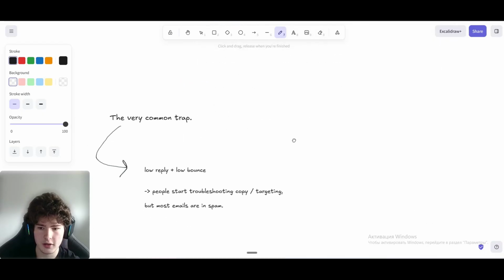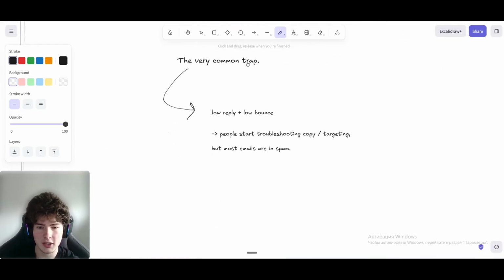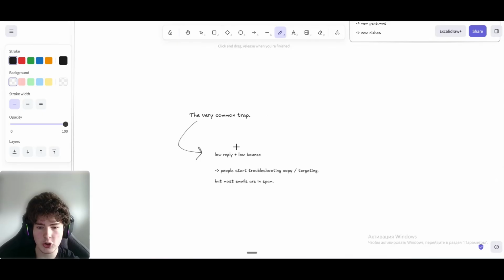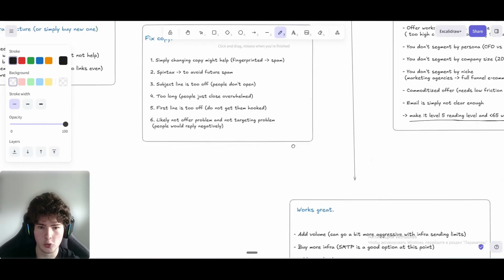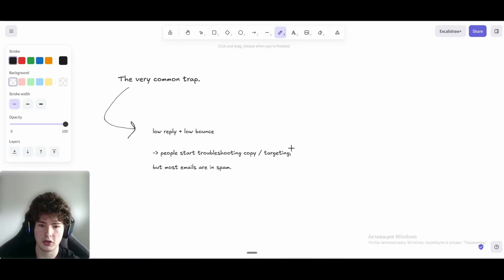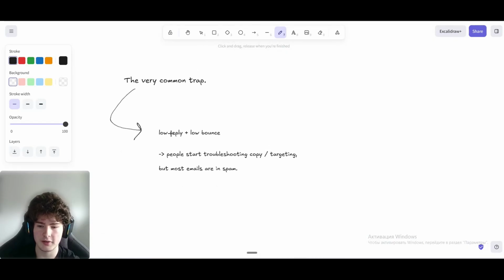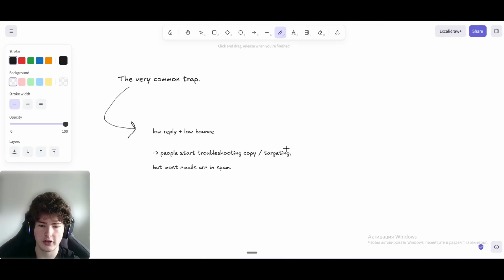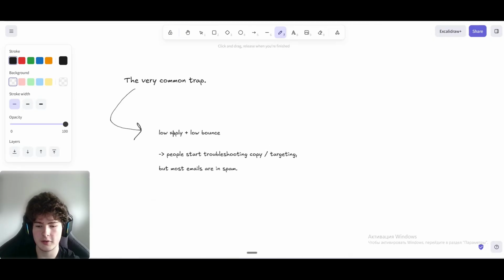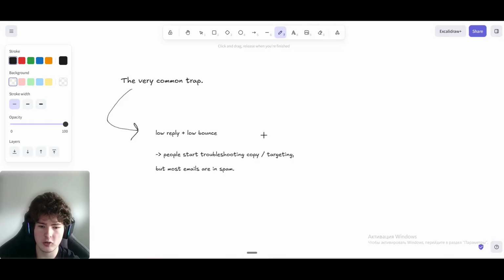And also a very common trap that I want to mention is when you have a low human reply rate and low bounces. Most people fundamentally think that it's either a copy issue or a targeting issue, right? Because if there's a low reply rate and low bounces, it means emails don't bounce back, so it's either bad copy, that's why people don't reply, or we are messaging the wrong people.